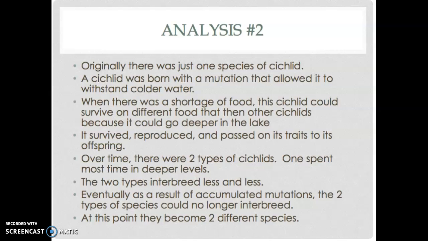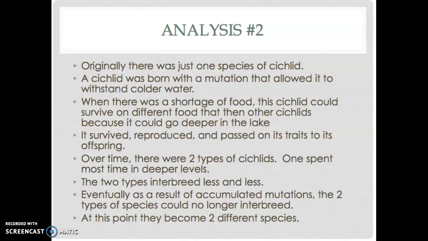Okay, so this is just the written version of what I just showed you in the drawing version. So you have to realize that in a lake, there are lots of different ecosystems in there based on the amount of sunlight and the types of food and the insects and the predators, and it's kind of sectioned off.